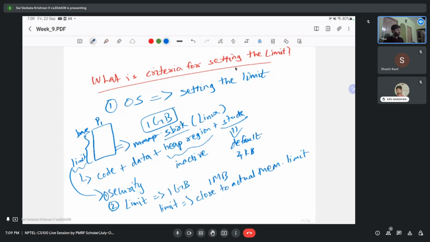It will do a system call and increase the limit. If all this memory has to be contiguous, then it will move your whole memory space to some other region so that the extra memory is also attached and contiguous, and your base and limit would both be changed. So all these things happen underneath.